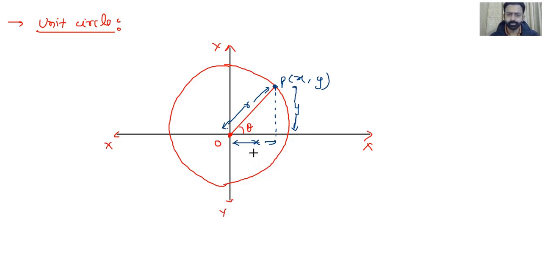Now, what you have learned about sine theta and cos theta: the basic idea is to define sine theta and cos theta for any angle, not just the acute angle. Till now, if you know how to apply sine theta and cos theta, that was related to just a single right angle triangle. But these sine theta and cos theta can be extended to any angle.